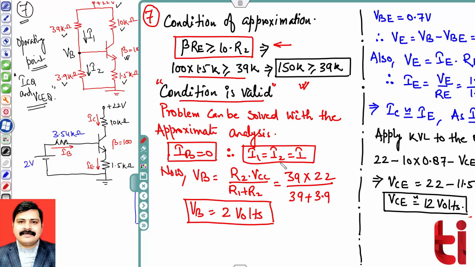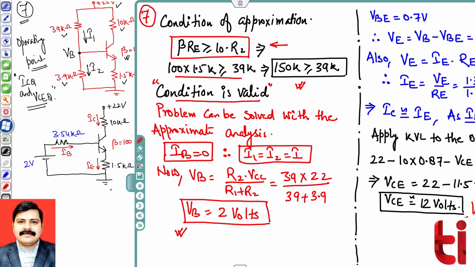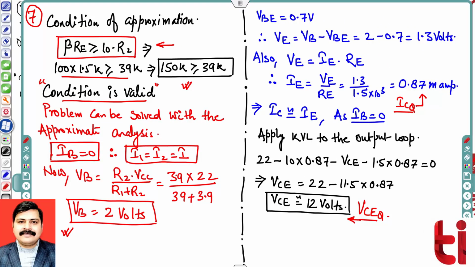So this is 3.9 multiplied by 22 divided by 39 plus 3.9. Kilo ohm cancels from numerator and denominator, so I have avoided it. My VB, the base voltage, is 2 volts. Let us check the remaining parameters using approximate analysis.